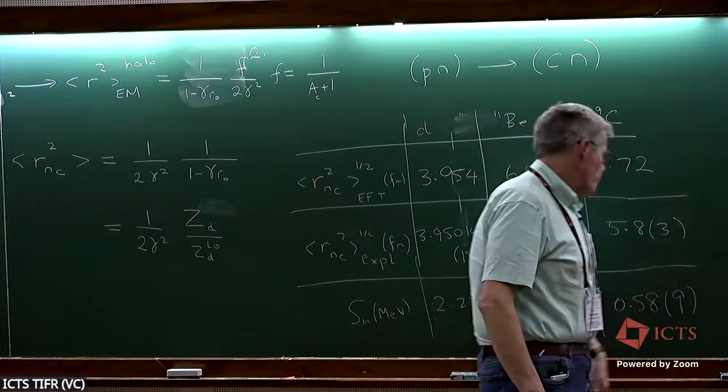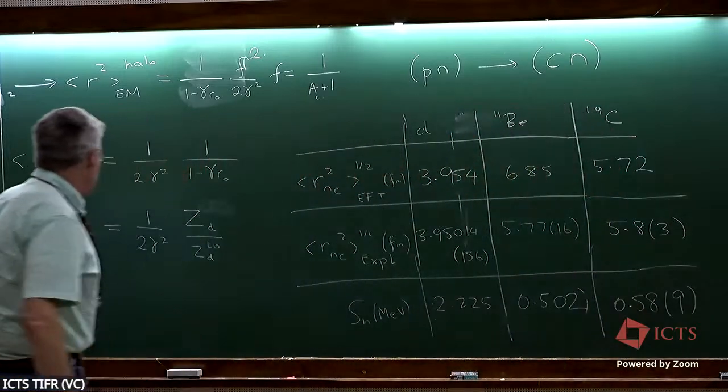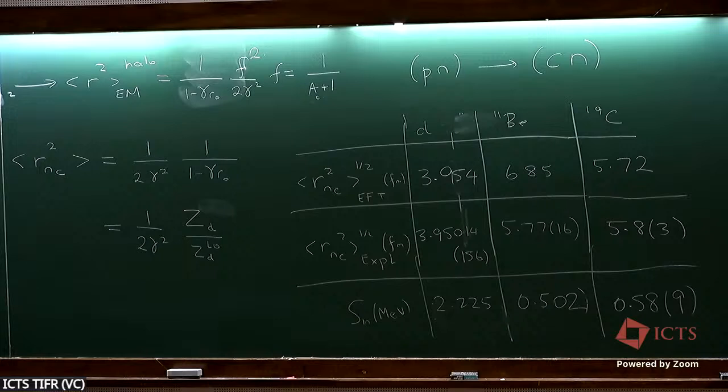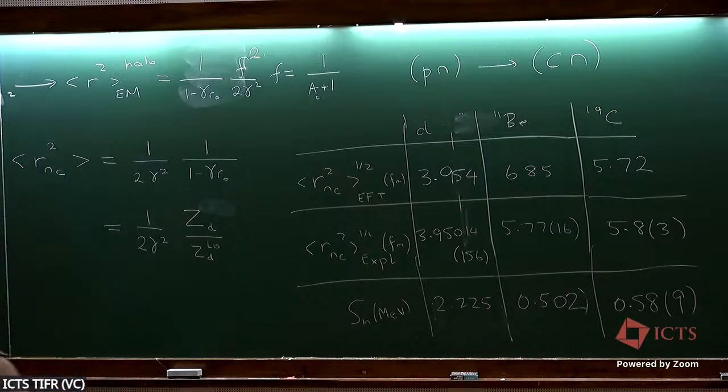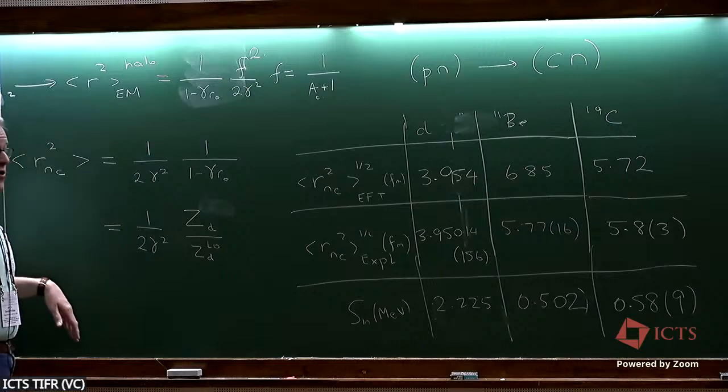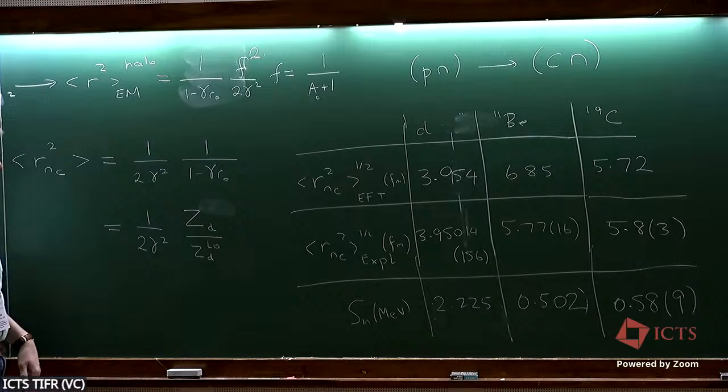Fine, right? But both of those effects are more substantial for halos beyond the deuteron. All right, so coming back to this, if we don't want to mess with that problem, what we can do is convert this radius into a distance between the core and the neutron. So we could have calculated that radius in the theory. I didn't do that yesterday because I wanted to show you how to couple electromagnetism and talk about charge conservation and so on and so forth.